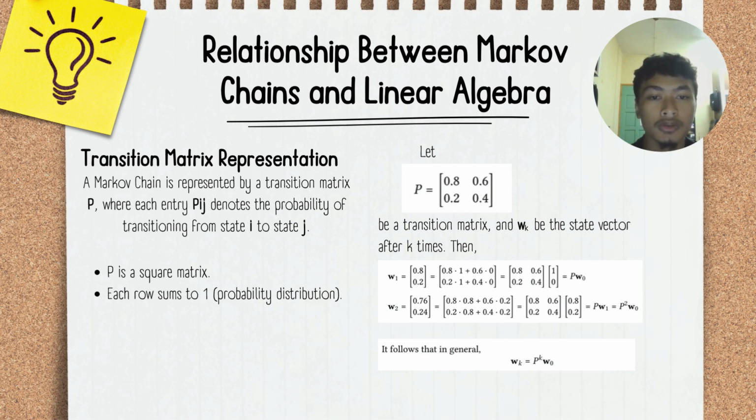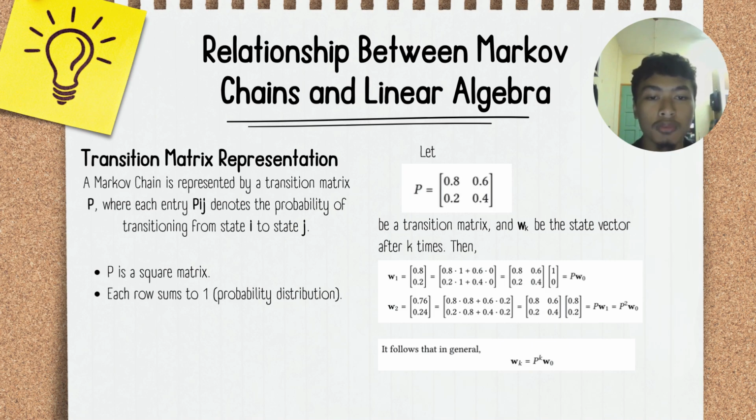Then W1 we can get by multiplying P with W0, where W0 is equal to the vector of 1 and 0. Multiplying those two, we will get W1 of 0.8 and 0.2. Therefore, in order to obtain W2, we can multiply matrix P with W1.